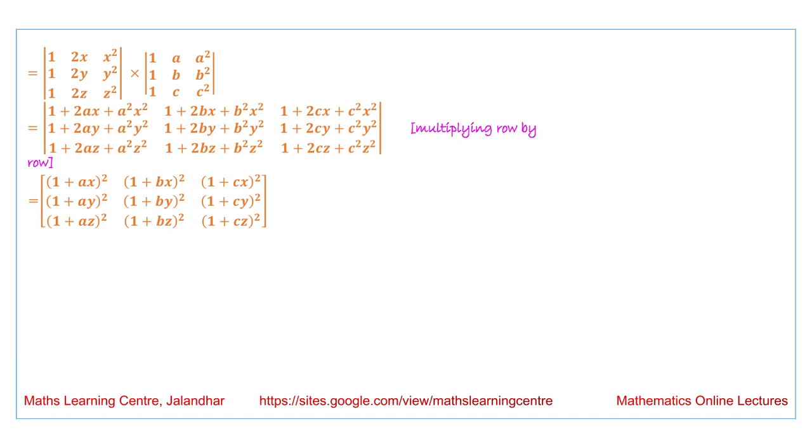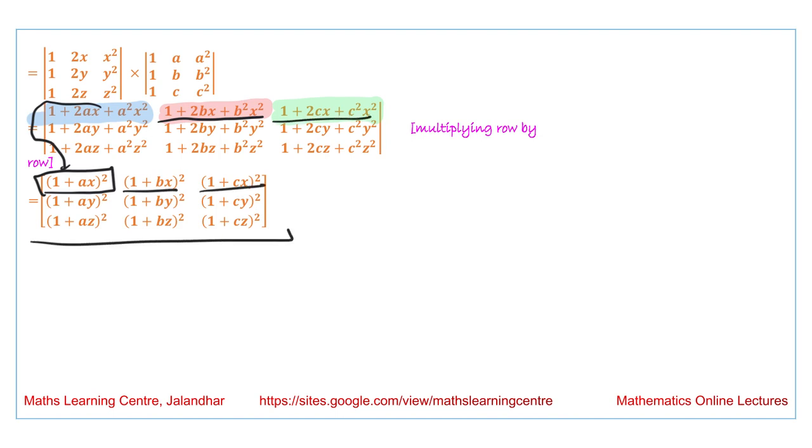Now if we multiply both these determinants, we will obtain 1 plus 2ax plus a square x square. Next it is 1 plus 2bx plus b square x square. Next it is 1 plus 2cx plus c square x square. Now if we write the values of these terms, this is basically the whole square: 1 plus ax whole square, this is 1 plus bx whole square, and this is 1 plus cx whole square.